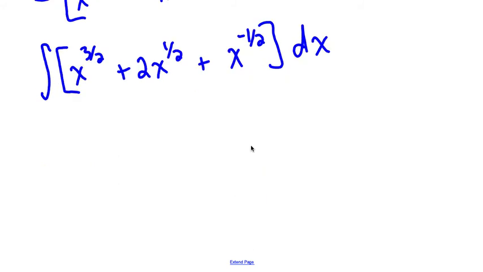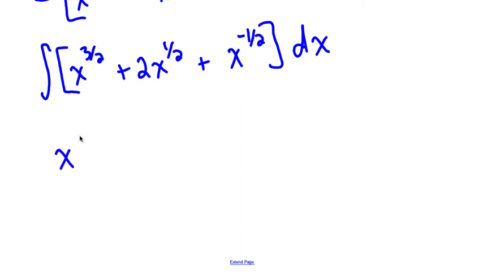Now, remember, limits, derivatives, summation notation, whenever we have them being added or subtracted, we take the derivative, the limit, the integral, we take them all individually. Same process here. So I'm going to add 1 to this and then divide by that number.